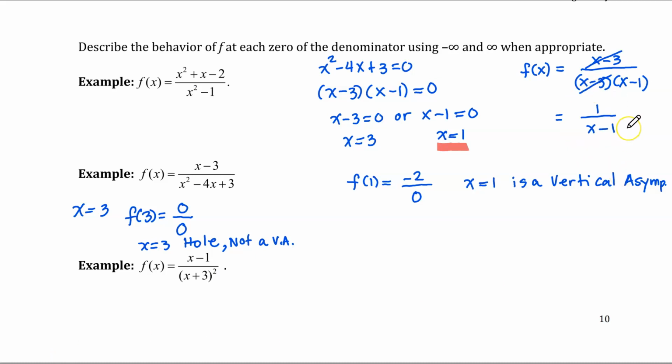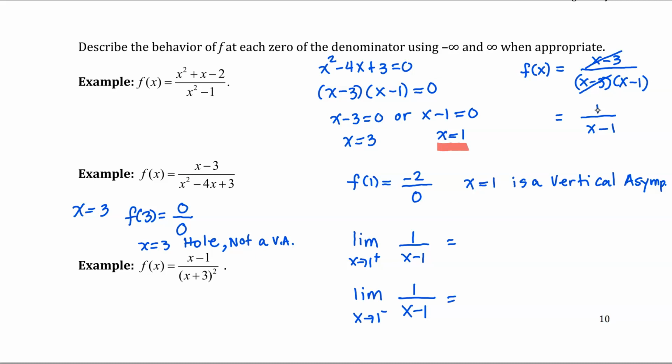Now this new function has the same graph as the original function, except that the original function has a hole at x equals 3. Then let's take the limit of the reduced expression, the equivalent expression, as x approaches 1 from the right, and the limit of that same expression as x approaches 1 from the left.